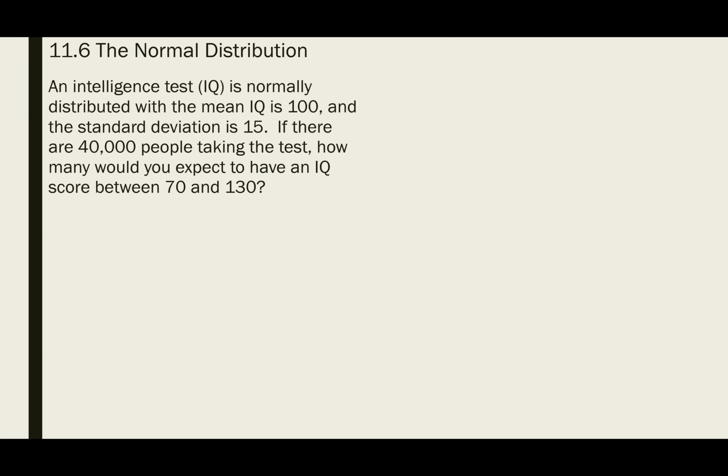The only reason they say normally distributed is to tell you it's a bell-shaped curve. The mean IQ is 100 and the standard deviation is 15. If 40,000 people take the test, how many would you expect to have an IQ between 70 and 130?